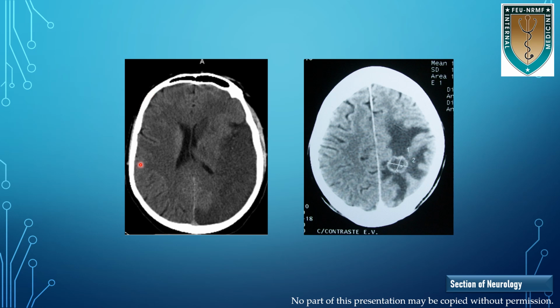On the left of your screen is an example of cytotoxic edema. This is caused by cerebral infarction. So you will see here that this area of hypodensity by CT scan affects both the gray matter as well as the white matter of the brain.